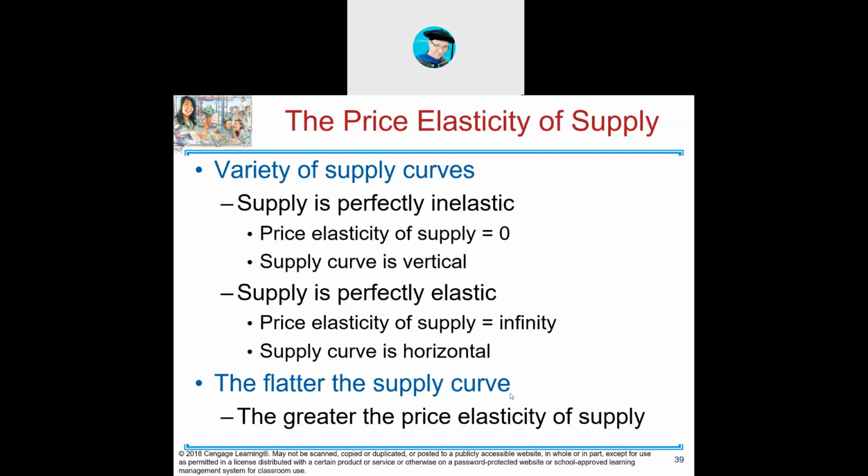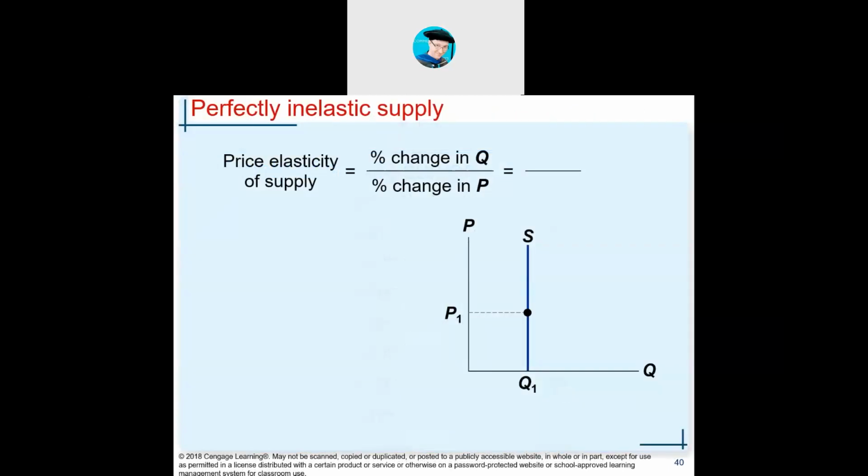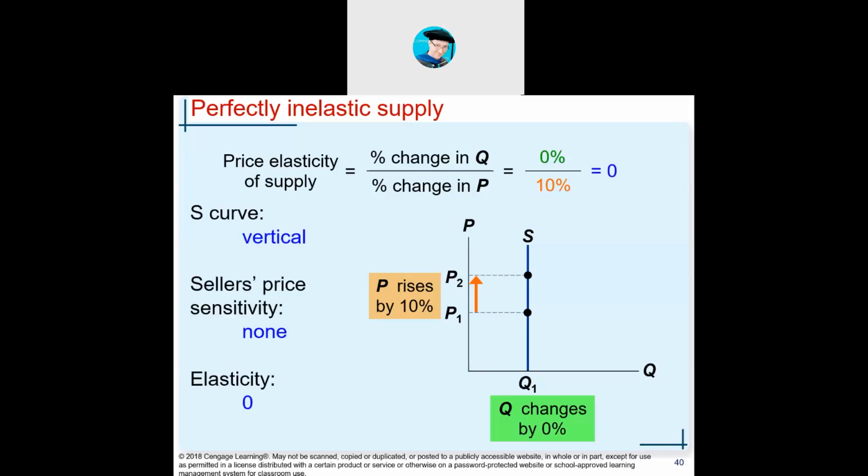And a flat supply curve represents the shift in price. So if there is no change in the supply and there's a change in price, we consider this to be perfectly inelastic. It's vertical, price goes up, there's no sensitivity.